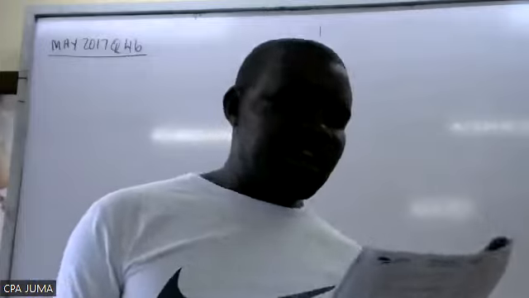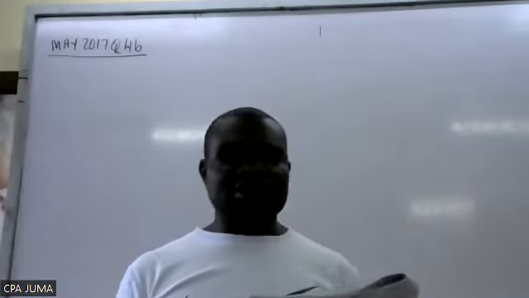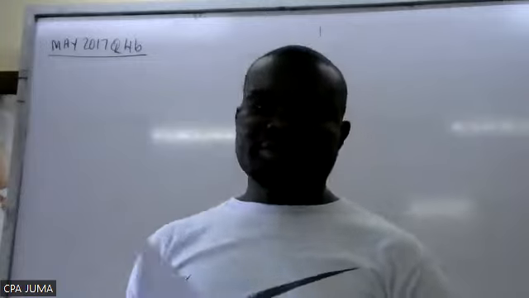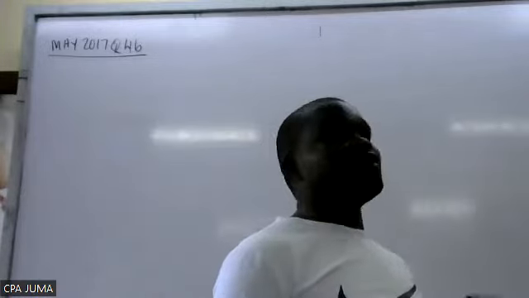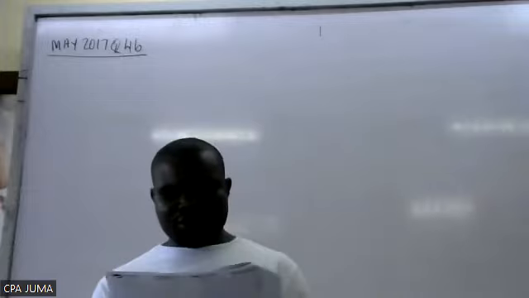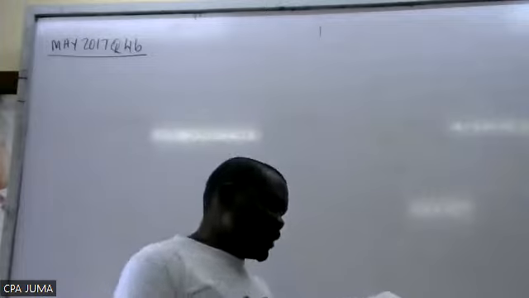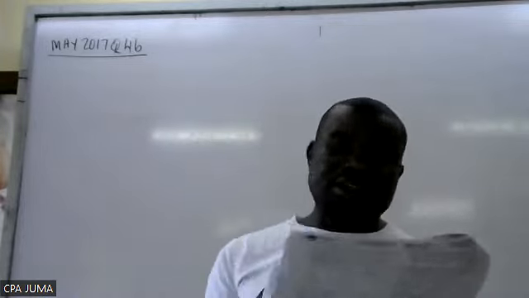The following is an extract from the statement of financial position as at 30th April 2017. Let's go to the additional information. Additional information number 1, the tax basis of the assets are as follows. So we have been given the tax base of some assets.